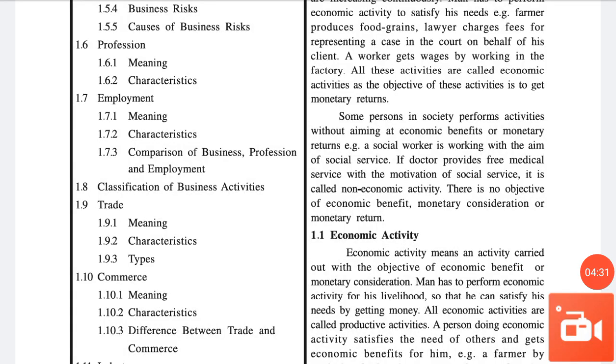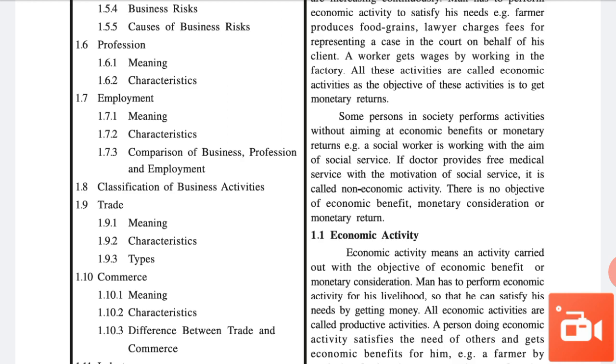Some persons in society perform an activity without aiming at economic benefits or monetary returns. For example, a social worker is working with the aim of social service. If a doctor provides a free medical service with the motivation of social service, it is called non-economic activity. It means activities in which the objective is not to get monetary returns are non-economic.